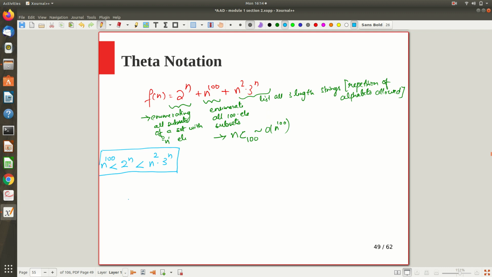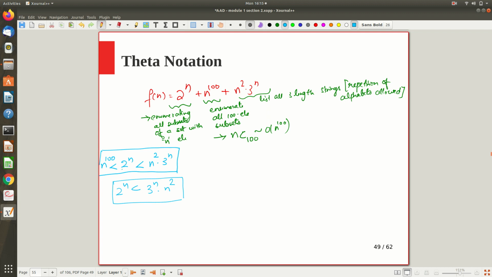First of all, you may be convinced that this 2 power n is less than this 3 power n, definitely, and when you multiply with n square, this will be bigger. I think there is no confusion at this point, because this is 2 into 2 into 2, this is 3 into 3 into 3, so definitely this will be a bigger quantity.